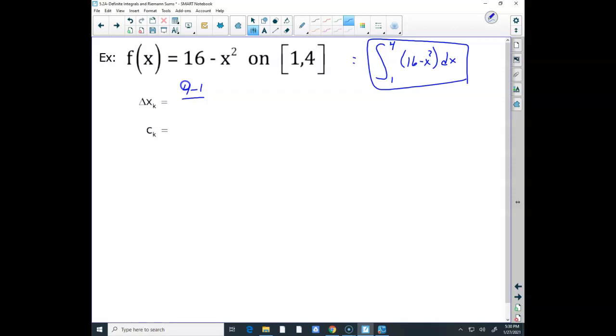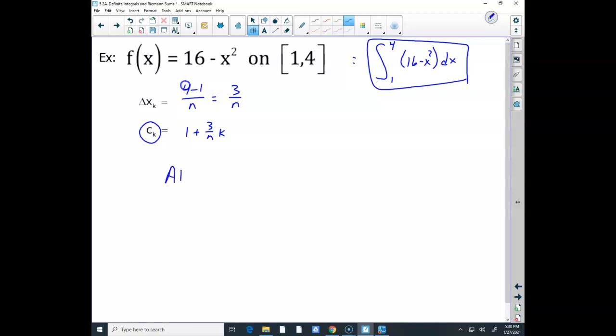Well, we had to find the area underneath there. What did we have to do? We came through and said delta x is 3 over n, and this c sub k, I think I drilled this c sub k pretty hard, is a plus delta x times k. We wrote all that out, and then we went to the actual area limit.